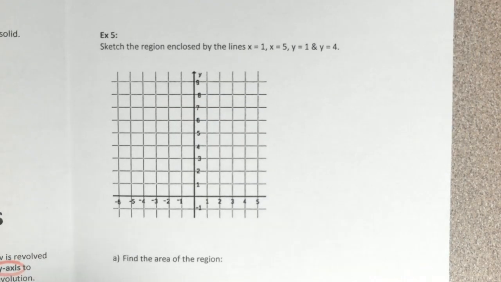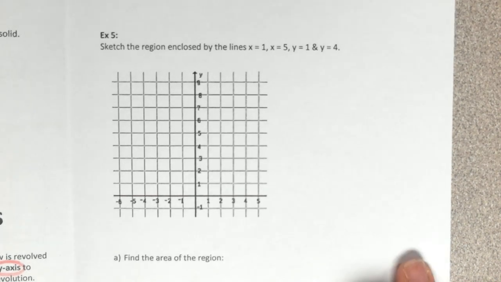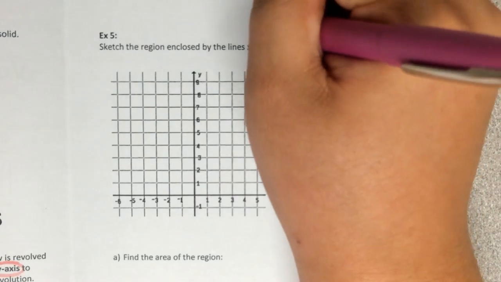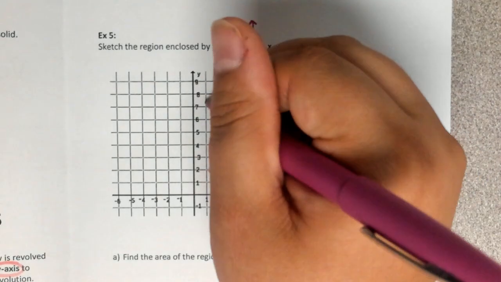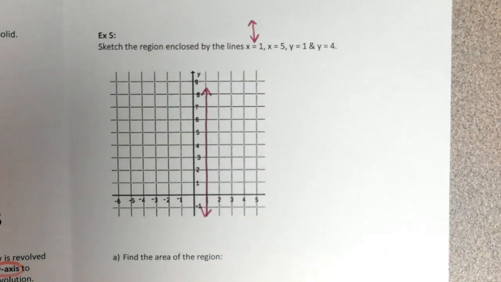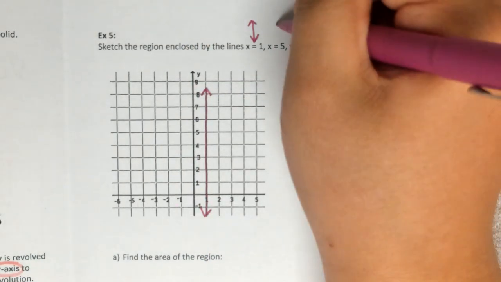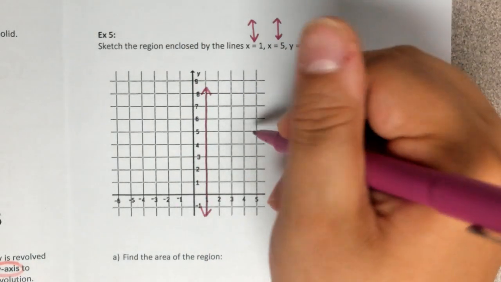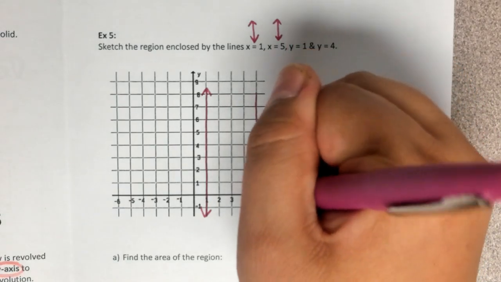It says sketch the region enclosed by... can you please graph x equals 1? How do I graph x equals 1? A vertical line at 1 on the x-axis. X equals 5. Vertical line at 5 on the x-axis.